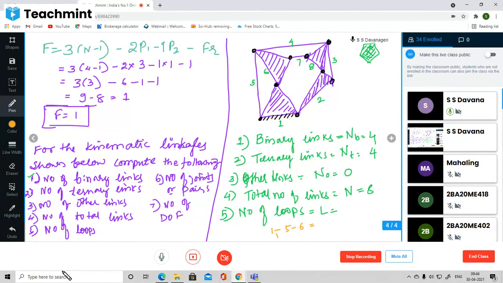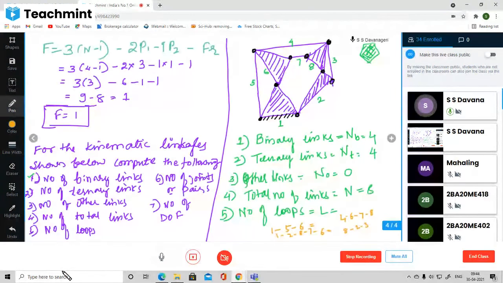Link 1, 2, 8, 7, 6 is one loop. Link 4, 6, 7, 8 is one loop. Link 8, 2, 3 is one loop. Right. Now you got 4 loops here.